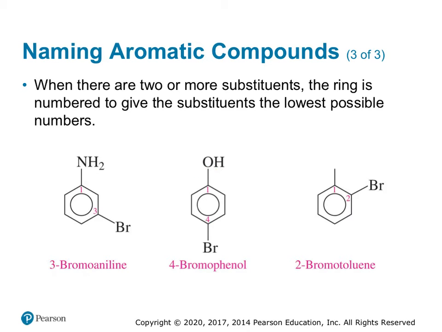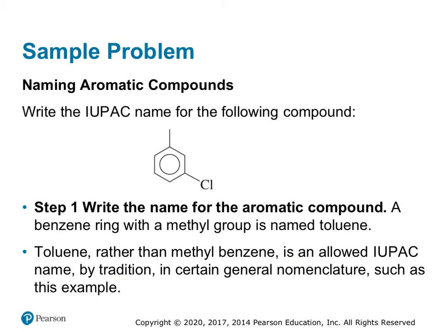This OH group was commonly known as phenol, so 4-bromophenol. And then this CH3 group here is the toluene substituent on benzene, so this is 2-bromotoluene.